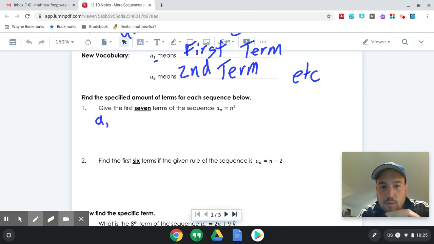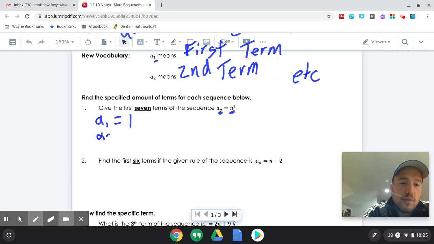Okay, so what we're going to do is starting off, we'll write a1. Okay, so a sub 1 says what is the first term. Now, in order to solve this, wherever the n is, instead it is going to be n squared. So we have a 1 here, so 1 squared is just 1. Okay, a sub 2, instead of putting a 1 in there for the n, we put a 2. 2 squared is 4.